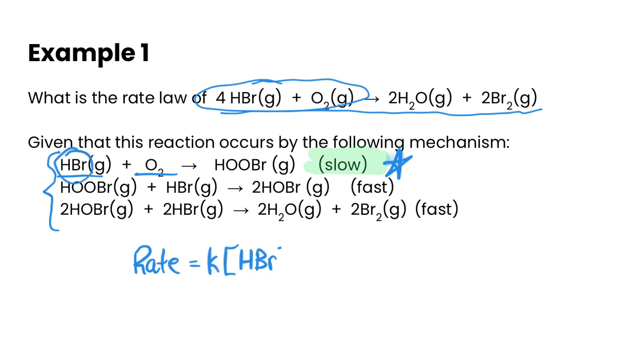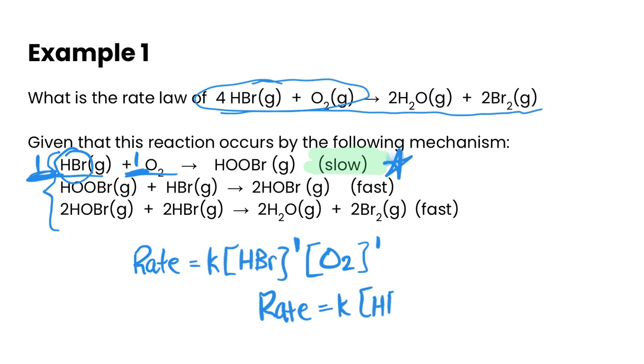Now, there's just 1 mole in this reaction, so we basically have a 1 up here. We normally don't write that in though, right? Because that doesn't normally go in a rate law. But I'm going to put it in just to stress it. And then we also have a 1 in front of our O2. So we have O2 to the 1. So really, when we're writing this out, we write rate is equal to k times the concentration of HBr times the concentration of O2. Okay, and this would be our rate law for our particular reaction.